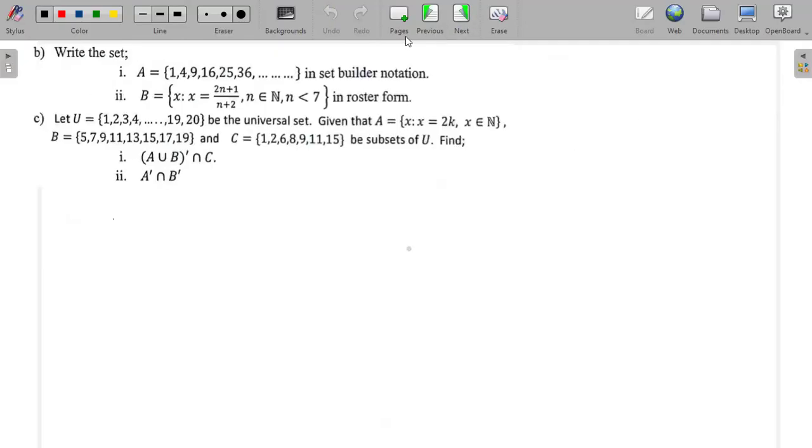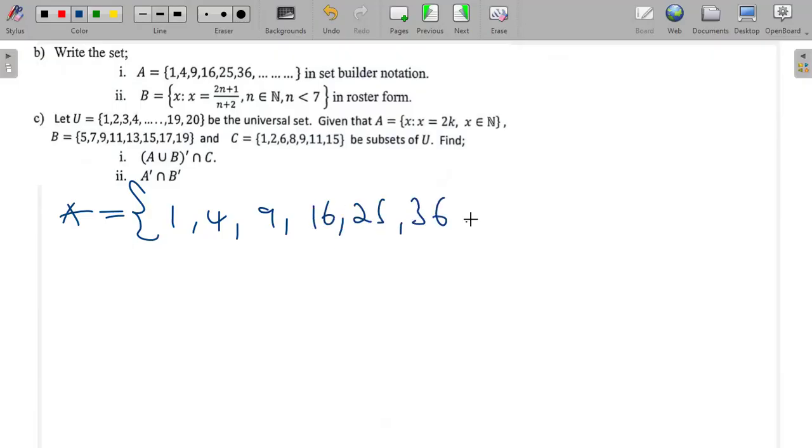I move to B. They're saying write this set A equals 1, 4, 9, 16, 25, 36, and so on, in set builder notation. The way it has been given here is what we call the roster form or the listing form. So we want to change this set into set builder notation, expressing it in terms of a description of what it contains.